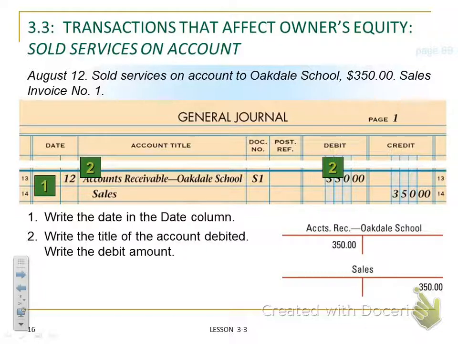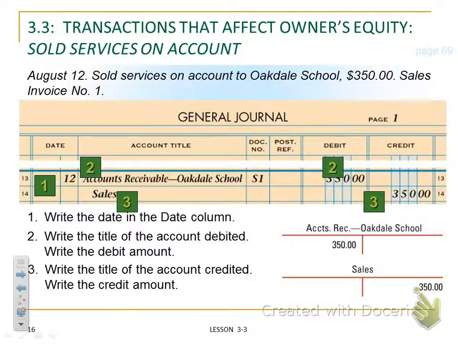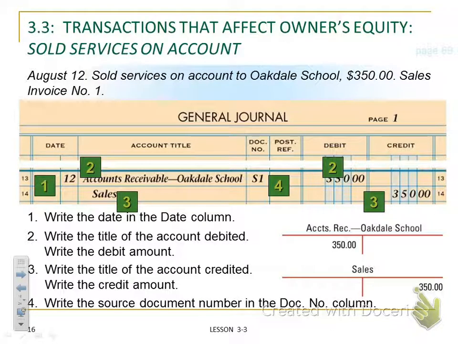We then record it on S1, which is our receipt for our sales, by writing the source document in the doc source or document number column in our journal. And that's all there is to recording a sale on account.